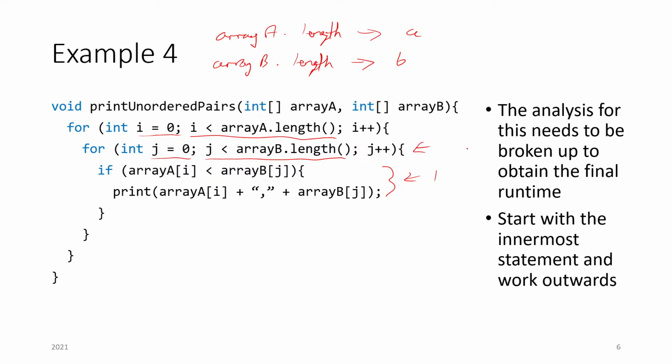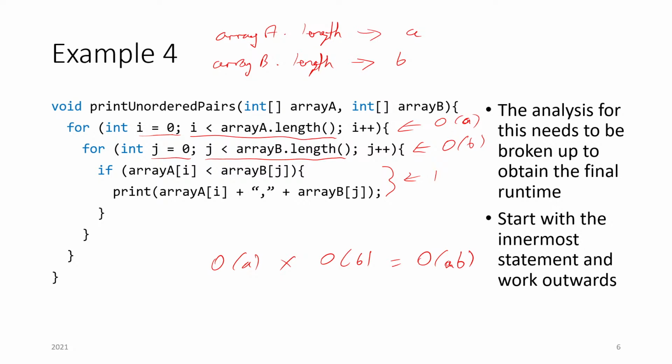So this loop is O of B, and this loop is O of A, and they multiply with each other, so O of A times O of B gives us O of AB.